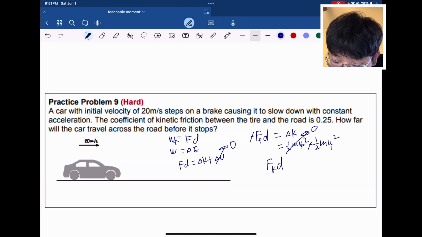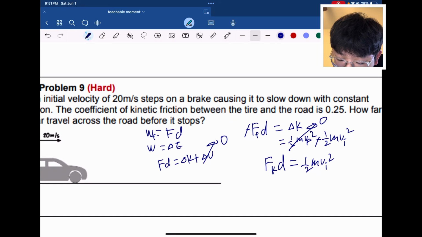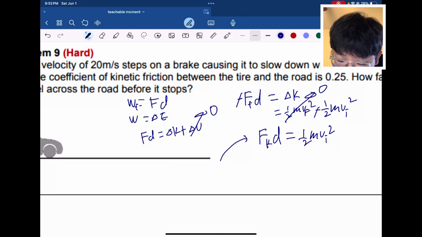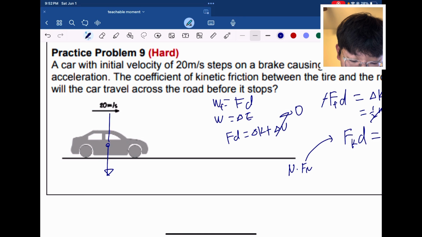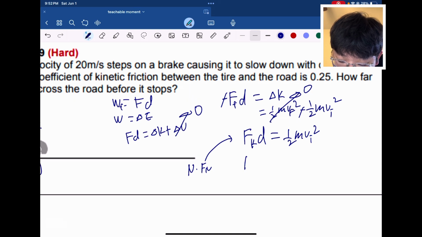Okay, it is 1/2 mv initial squared, and friction force is mu Fn, and there's no angle, so Fn should be equal to mg. So I'm just going to write mu mg d is 1/2 mv initial squared.